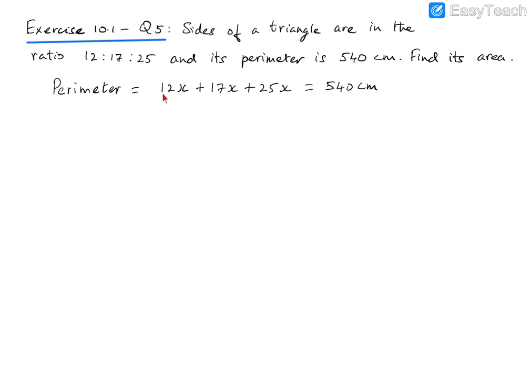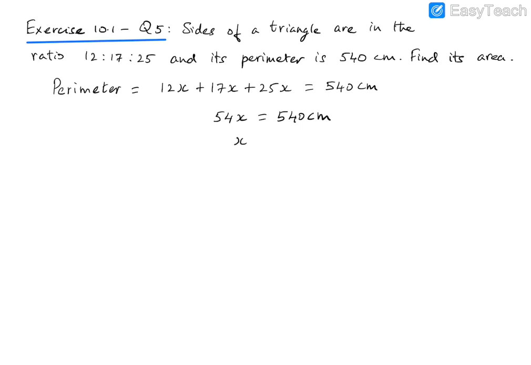So one of the sides is 12 times that single unit, the other side is 17 times that single unit, and the third side is 25 times that single unit. So the total perimeter is 12x plus 17x plus 25x, and that value of the perimeter is given to us as 540 centimeters. So 12x plus 17x plus 25x happens to be 54x. So we have 54x equals 540 centimeters.